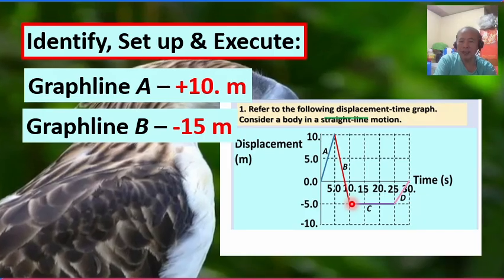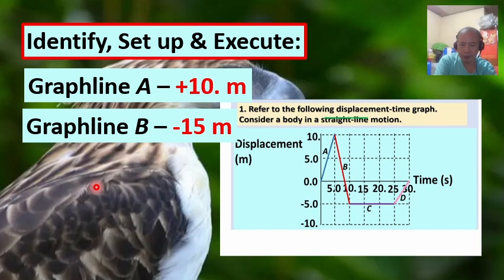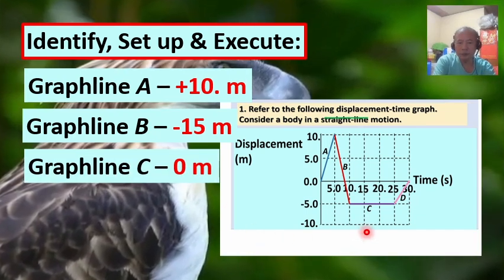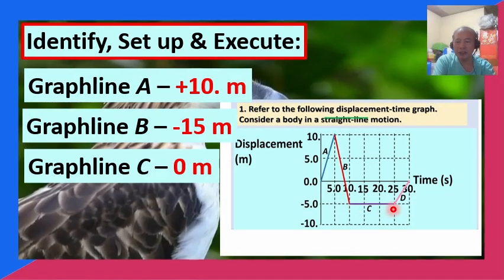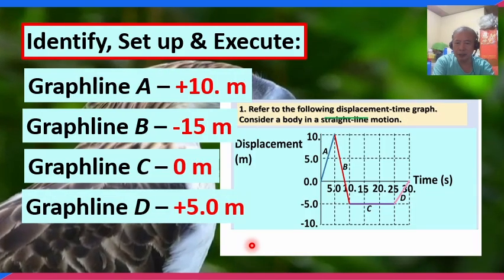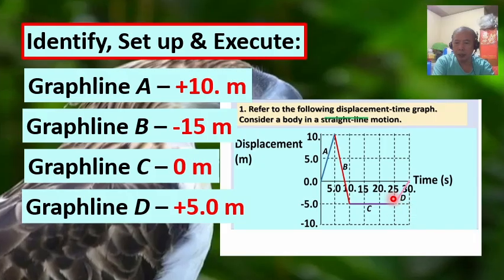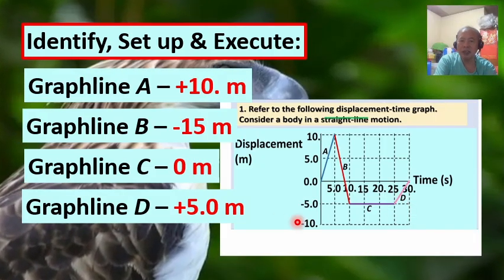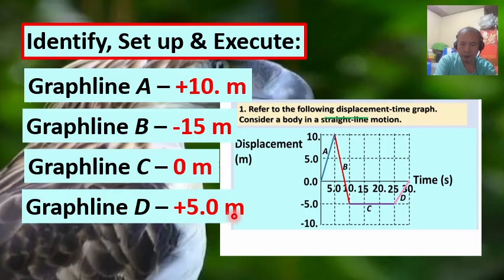So for a total of negative 15 meters, that is the displacement. And for graph line C, there is no displacement, because the body is said to be motionless or stationary. And lastly, for graph line D, the net displacement during this time interval, 25 seconds to 30 seconds, is positive 5.0 meters.